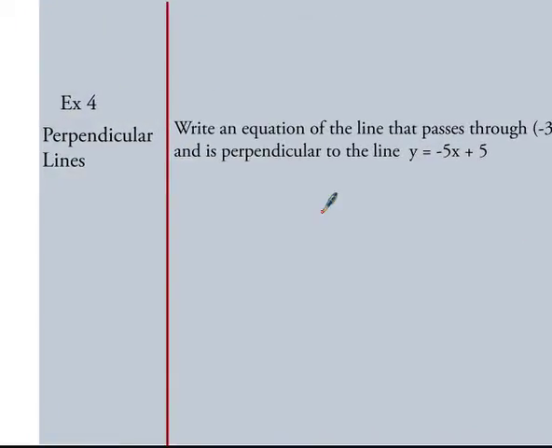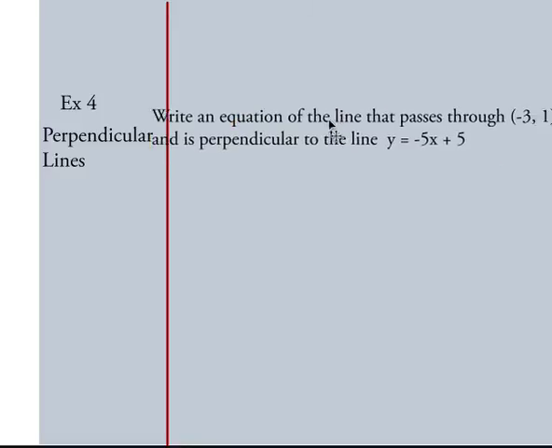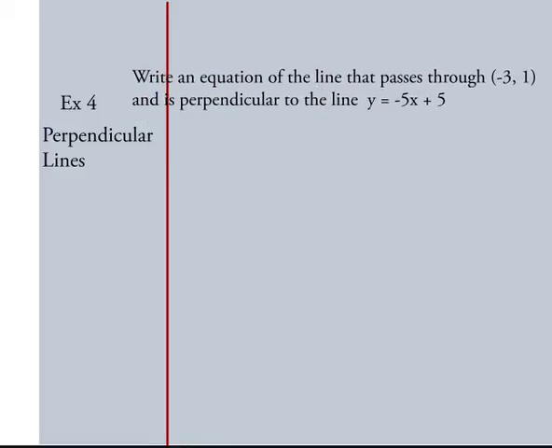Example 4. Write an equation of a line that passes through -3, 1 and is perpendicular to the given line. So we have a point. It's not the y-intercept. We have a slope of -5, so I have to take the reciprocal, which would be 1 over 5. And because this was negative, the perpendicular slope would be positive.